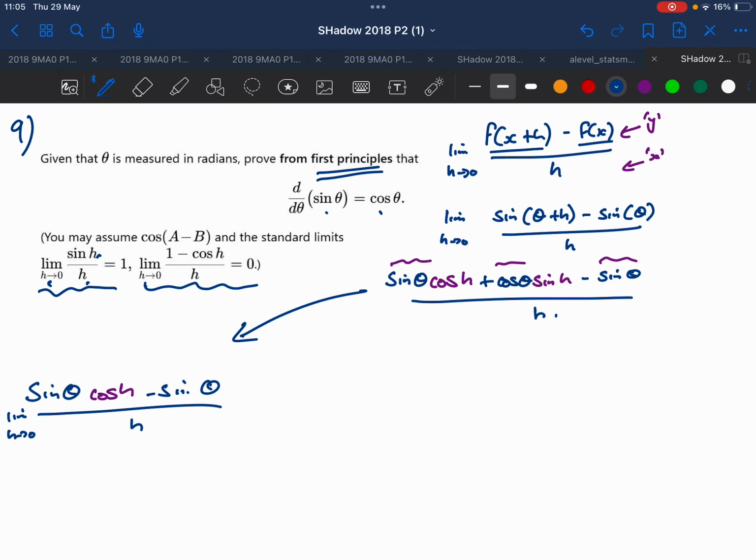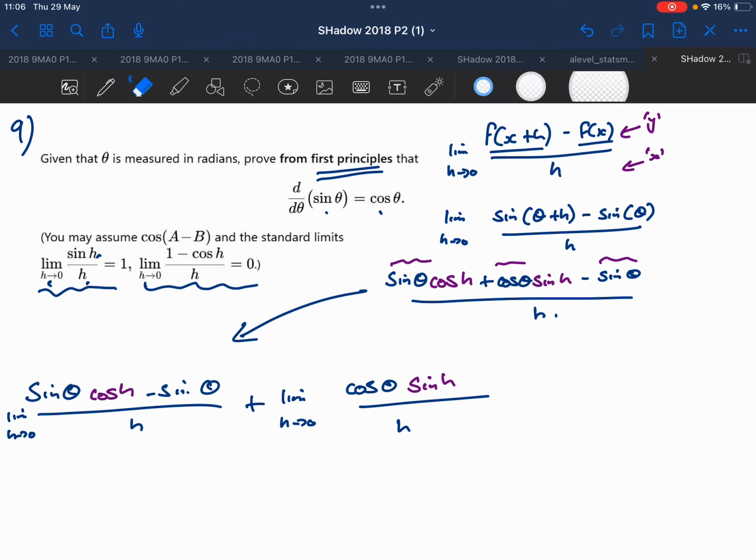I'm going to write that one, and then another fraction, which is going to be plus 1 for the cos. So cos theta sine h over h.